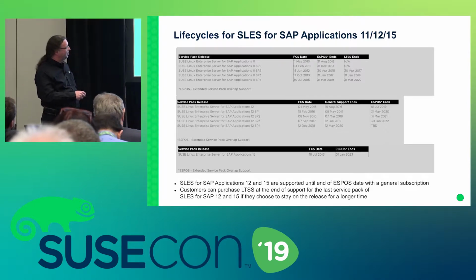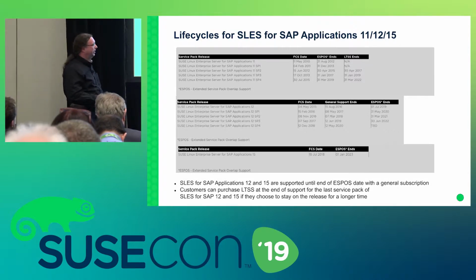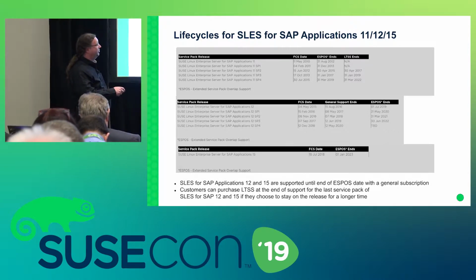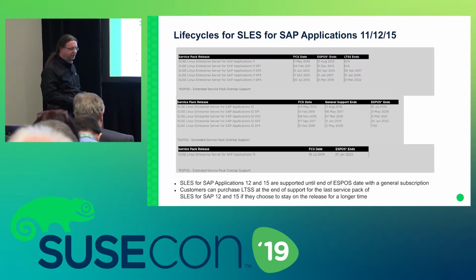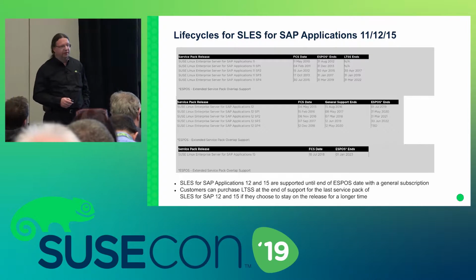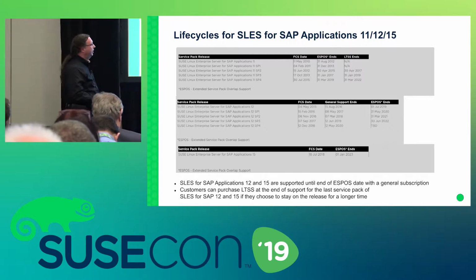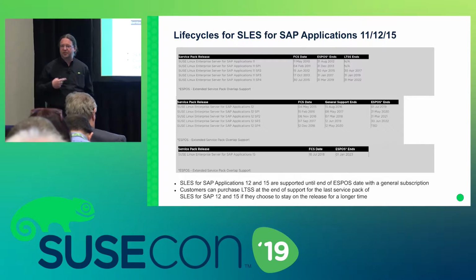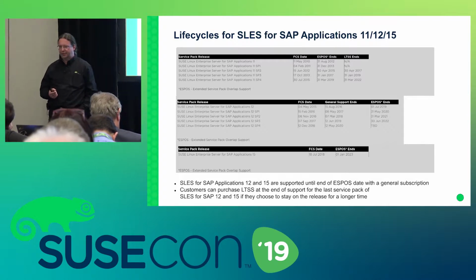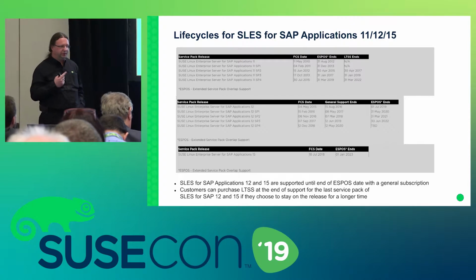For SLES 12, we basically made a change, and you see something that was confusing in the beginning, because you still see there is 1.5 years of support until general support ends, and 4.5 years until SPOS ends. The reason for that is that SPOS is, from the support terms, similar to LTSS. So you can go and look up on the SUSE page.